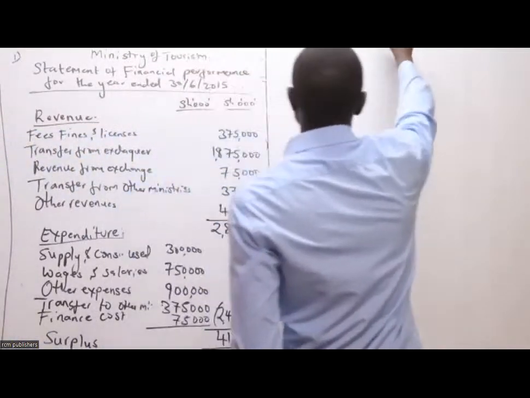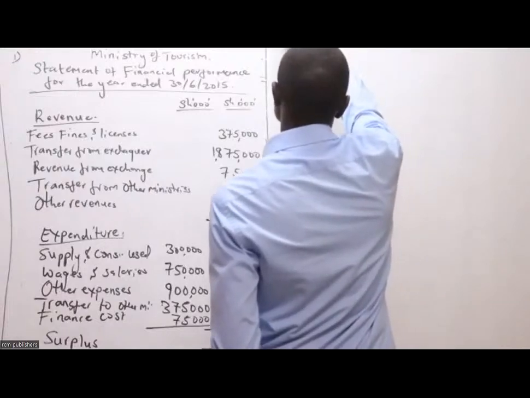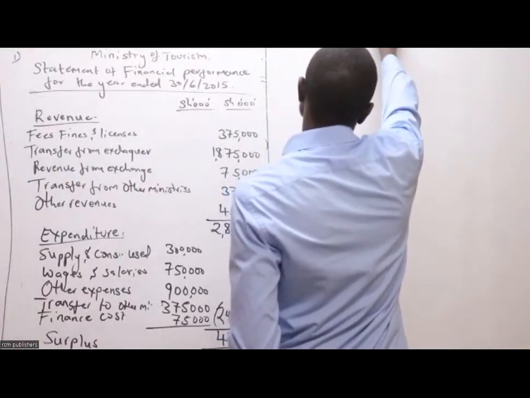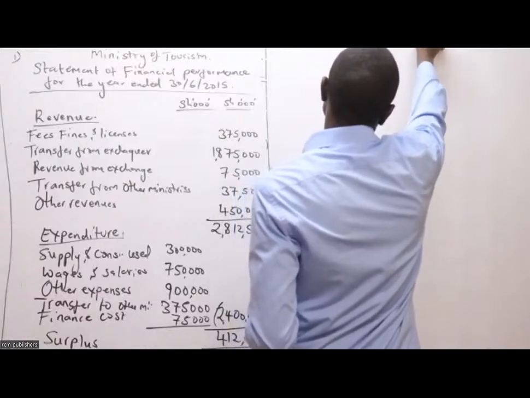Let's move to the balance sheet. This is Roman number 2. This is Ministry of Tourism.